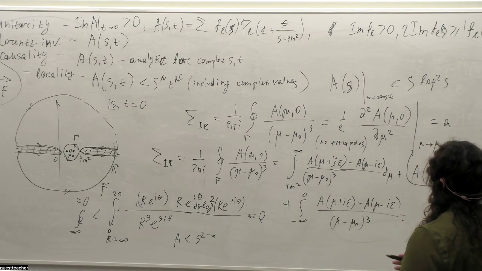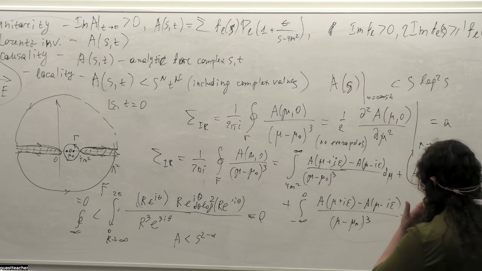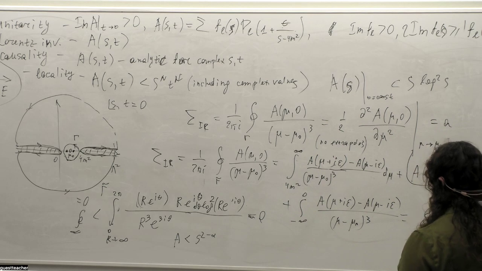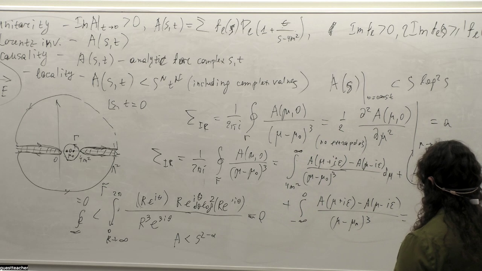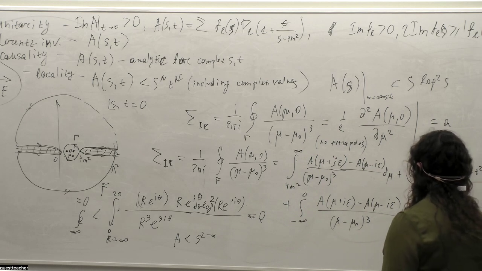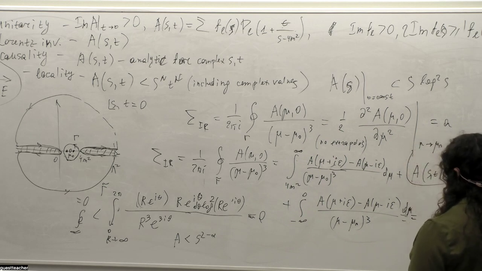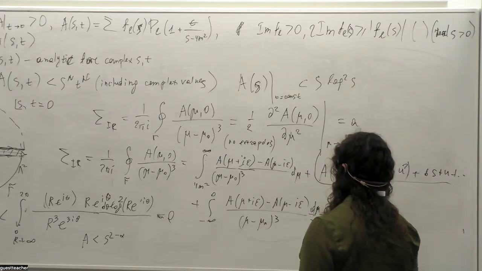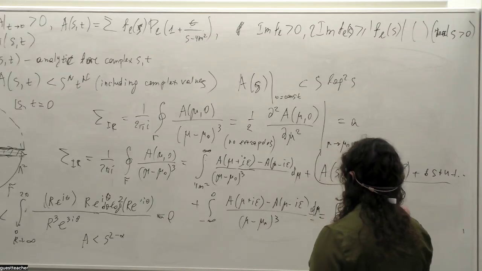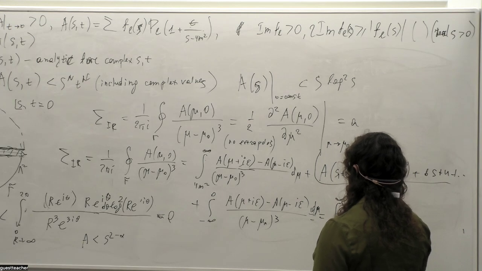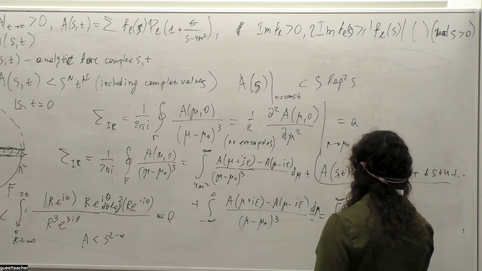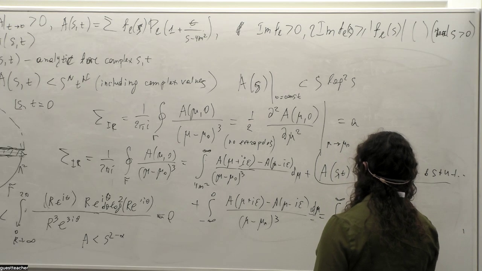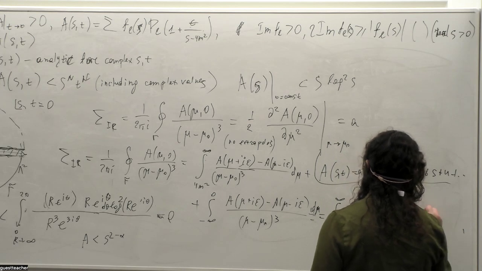Then it will sum to one integral, in principle, from 4m squared to infinity of A of mu plus I epsilon minus A of mu minus I epsilon.